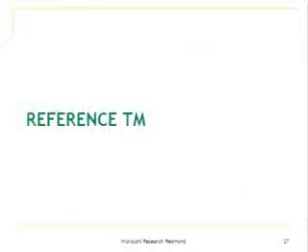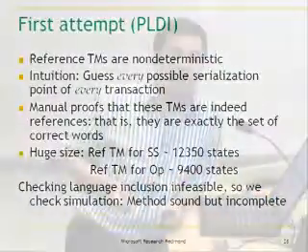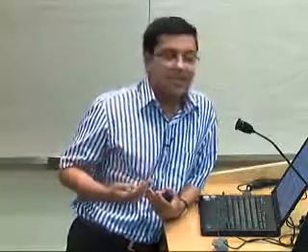I want to get back to the reference TM. In the first attempt, how we designed reference TMs was that they were non-deterministic transition systems. The intuition was that you guess every possible serialization of every transaction, and you non-deterministically check every such execution.